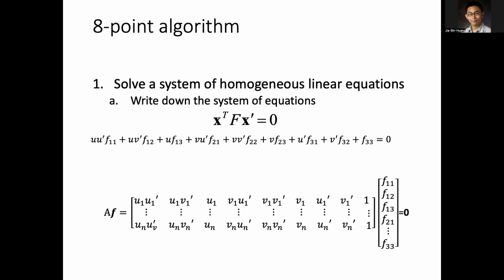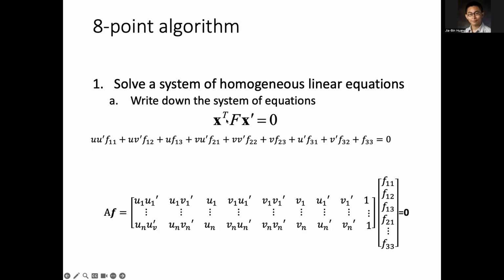Okay. So again, we probably only have one single algorithm used for most of the computer vision problems, right? The way we try to find F is that we know the relationship, right? We know that if I have a pair of correspondence, they must satisfy this equation. So what I did is take x as (u, v) and x' as (u', v').